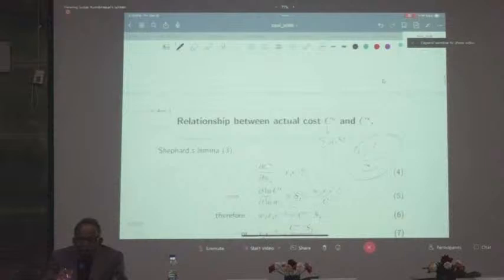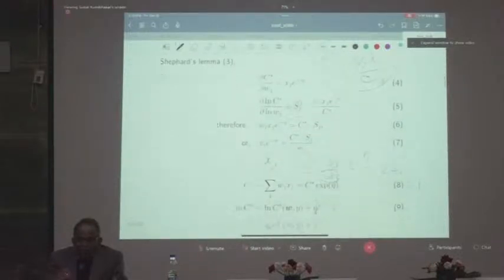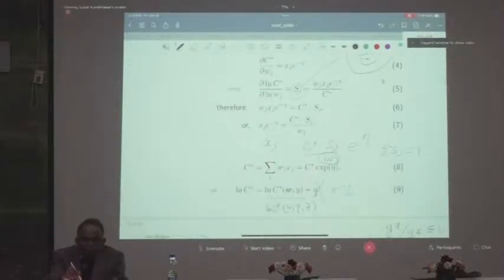So again, here I have a few lines of math, but in the end, what you get is like this. You get actual cost is minimum cost plus eta, because eta is telling you by how much the inputs are increased, and therefore cost is going to be increased by the same proportion.